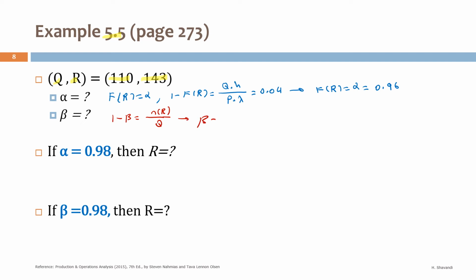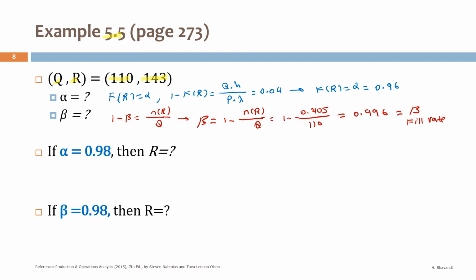So beta here becomes 1 minus N(R) over Q. If you remember, N(R) was this number for that example, 0.405 divided by 110, and this becomes 0.996. What a great number. As you see here, this is our beta or fill rate. Okay, and this is our type 2 service level.